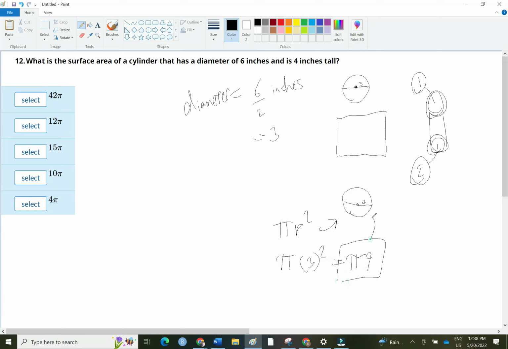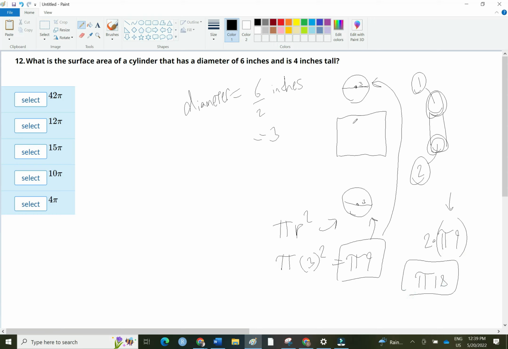That's your area for this circle. And it is also the same area for this circle up here, because they're the same in terms of their area. So you basically have 2 times pi times 9, which gives you 18 pi, and that's the area of these two circles put together.